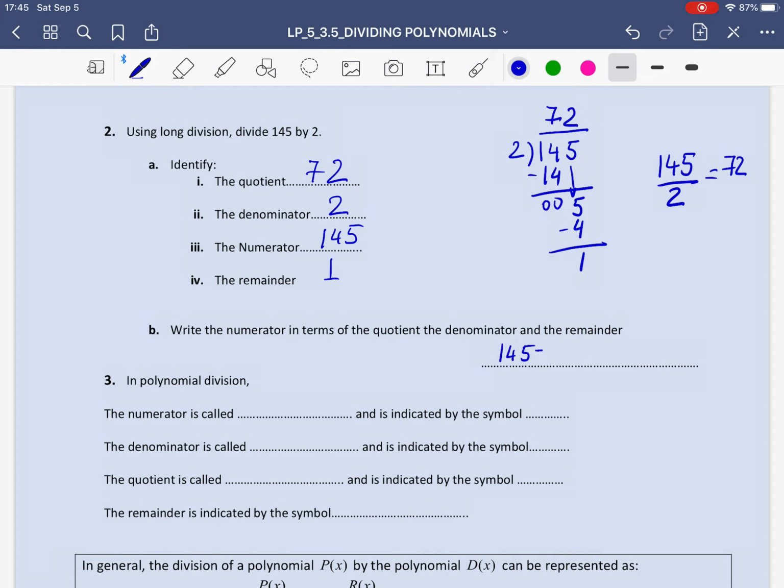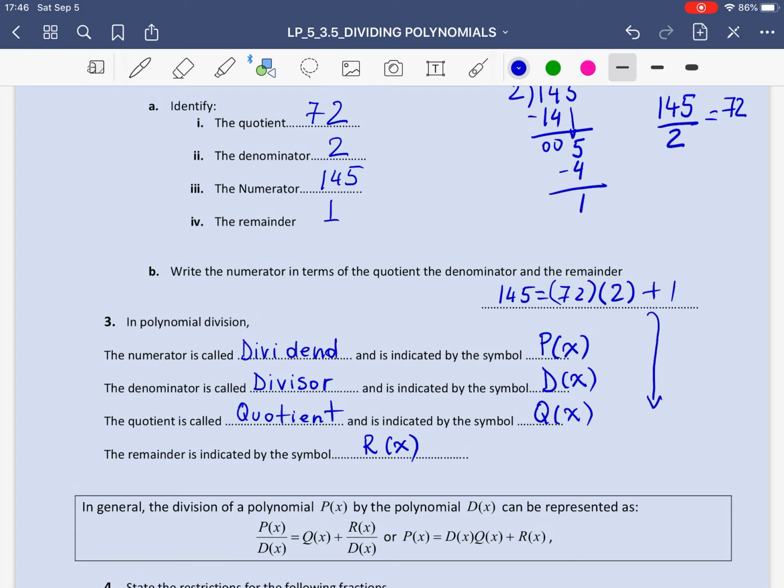Now I'm going to draw your attention again to this division. What we are going to do is divide every term in the equation by 2. So we can say that 145 divided by 2 equals 72 plus 1 over 2.